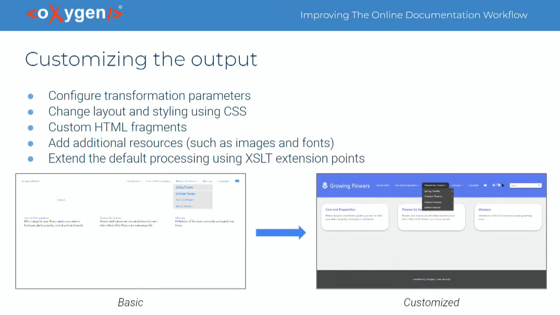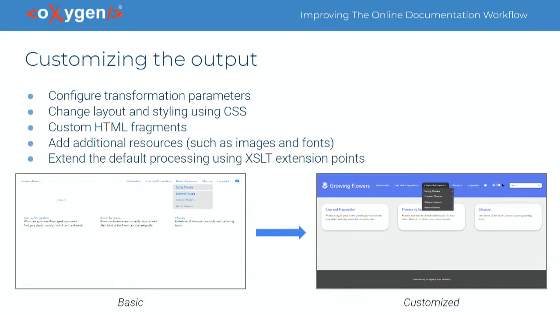Oxygen Publishing Engine, the tool that can be used to generate WebHelp Responsive output, offers support to customize this output using a publishing template. The publishing template is a self-contained customization package that can be stored as a zip archive or as a folder, and it can be easily shared with others.